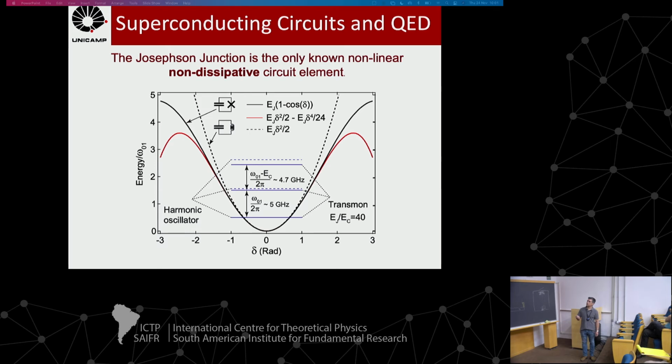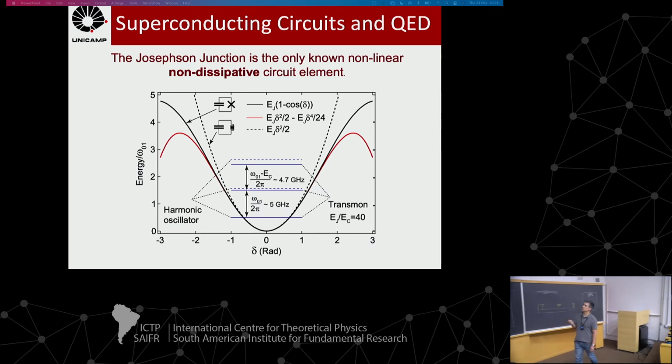That when we start to write the Hamiltonian describing the behavior of the LC circuit and the behavior of this Josephson junction, the energy difference between the first and the second energy level is different from the energy between E equals 0 and E equals 1. So the energy between these two, 0 and 1 here, is, for example, 5 gigahertz, and between E1 and E2 is 4.7 gigahertz.